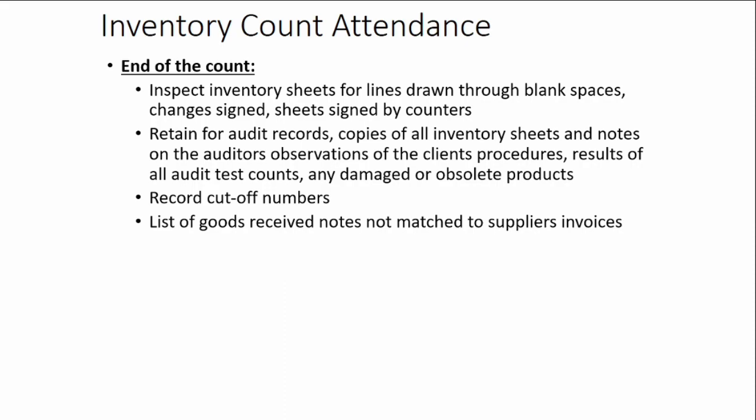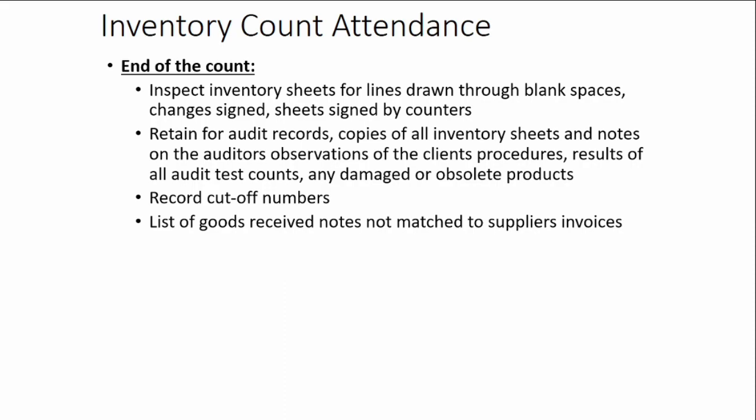Then with regard to cutoff, so the stock count generally happens at the last day of the financial year. If it happens before the last day of the financial year, we are going to deal with that when we talk about roll forward, right? But ultimately, there will be invoice numbers as well as delivery note numbers that are the last delivery notes or last invoices received for the year.